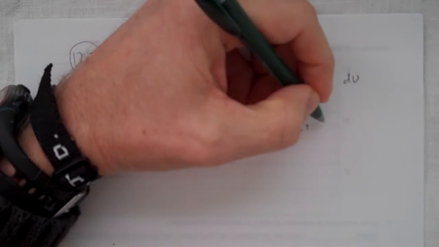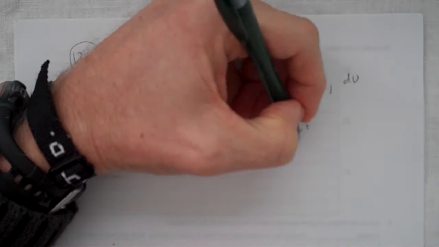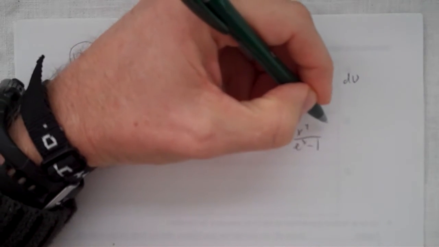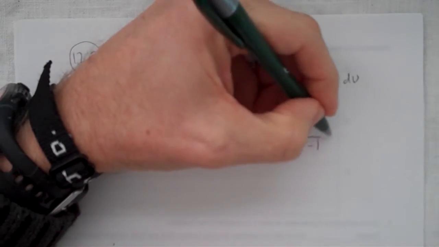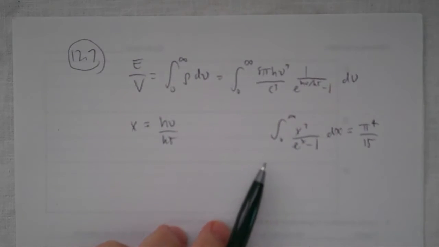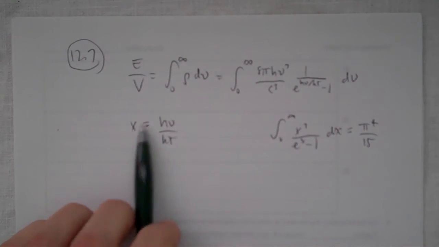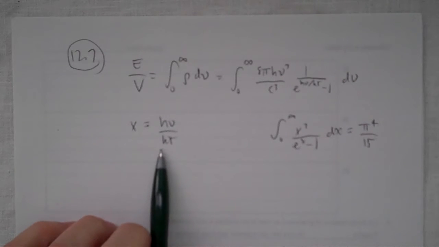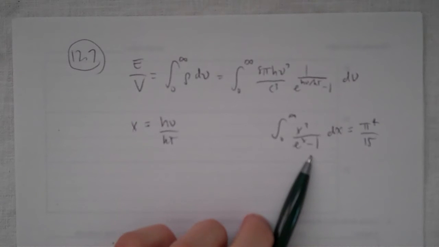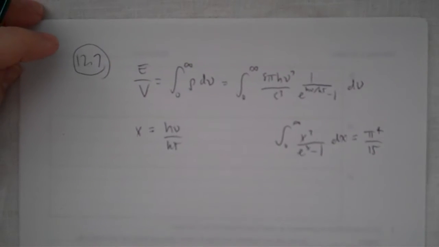The definite integral of x to the third over e to the x minus 1 dx is equal to pi to the fourth over 15. Major hint. So basically it's saying, use this substitution, and try to get the integral in that form.